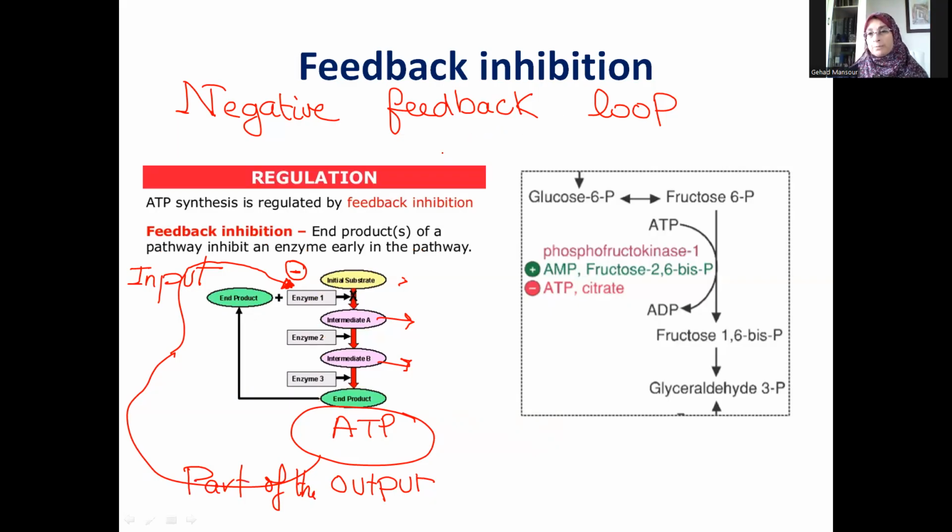Negative feedback inhibition does not only occur in glycolysis, but it occurs in many biochemical reactions in the human body, for example, in hormonal secretion. Whenever a gland secretes hormones and the level of the hormone increases, there would mostly be a negative feedback loop to stabilize the level of the hormone in the blood.